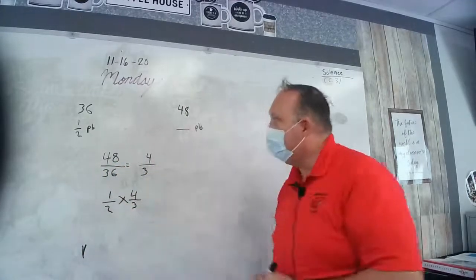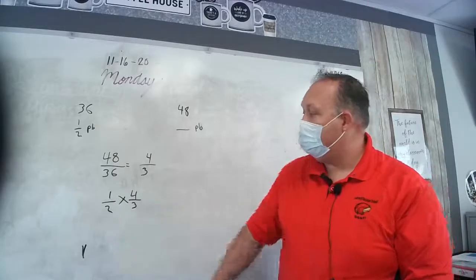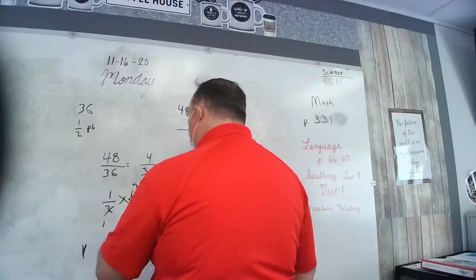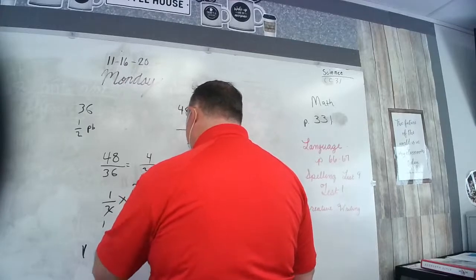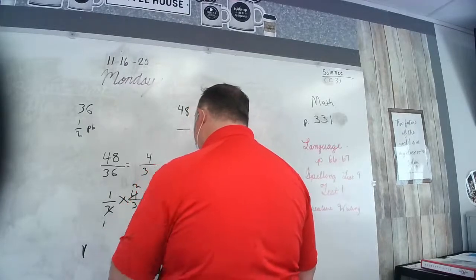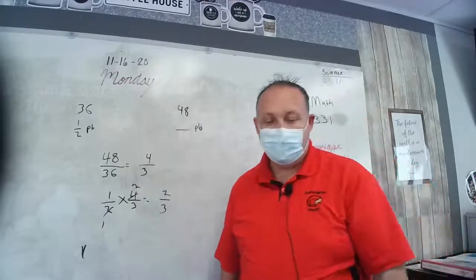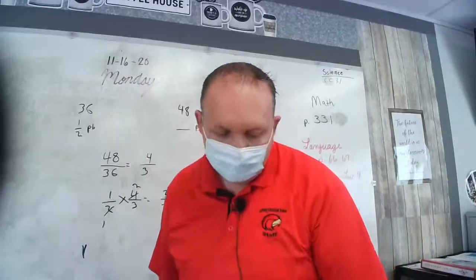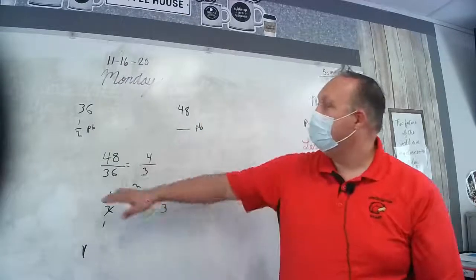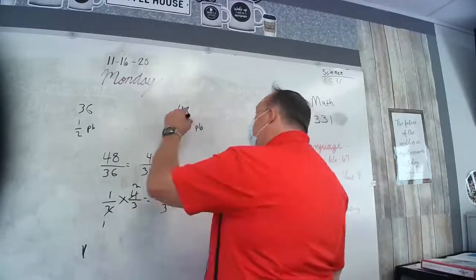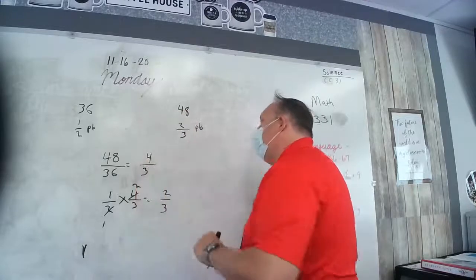Multiply this, cross out, and we're going to get 2/3 cups. So rather than needing 1/2 cup of peanut butter for 36 cookies, she's going to need 2/3 cups of peanut butter.